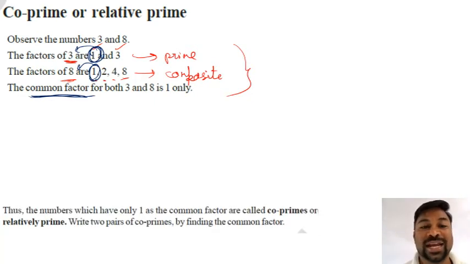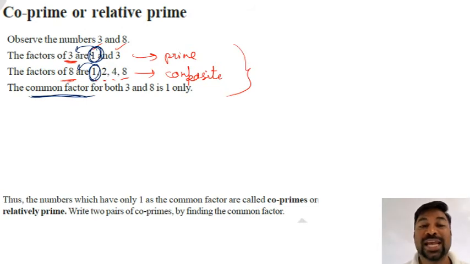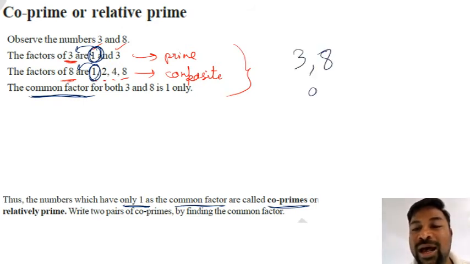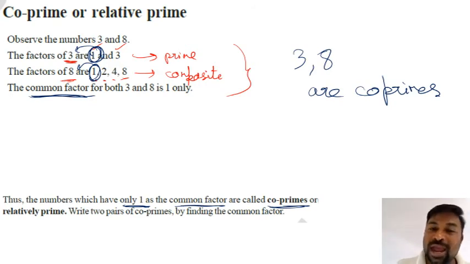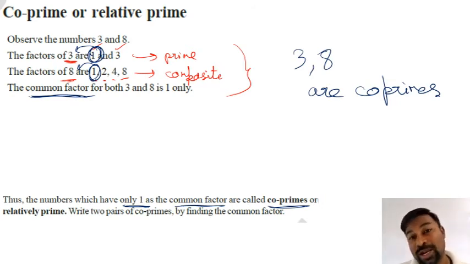So what can we say regarding that? If only 1 is the common factor, then they are called co-primes. So 3 and 8 are co-primes. Why? Because only 1 is the common factor. So 1 is a factor of 3 and 1 is a factor of 8, which means 1 is a common factor, present in both the numbers.